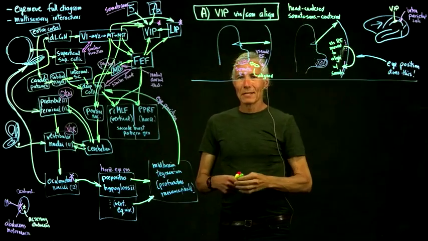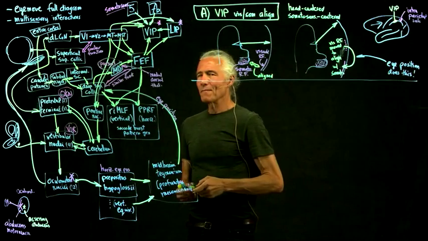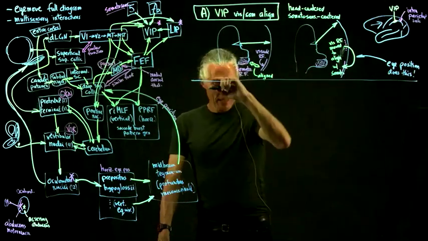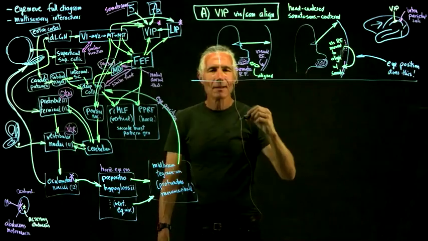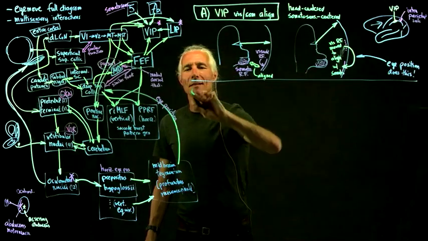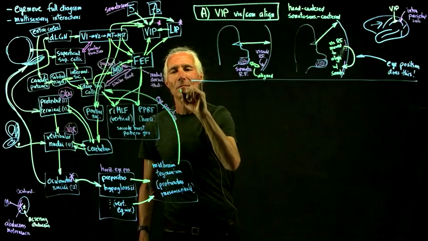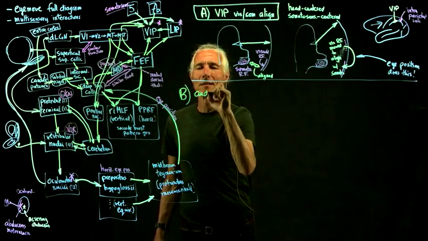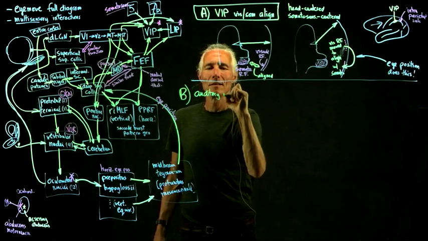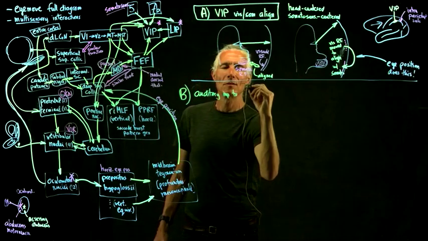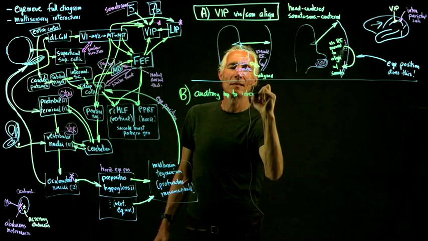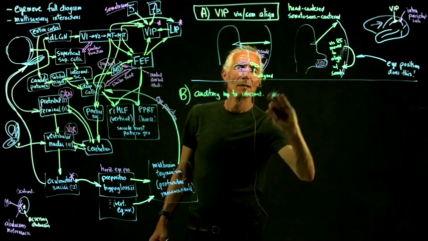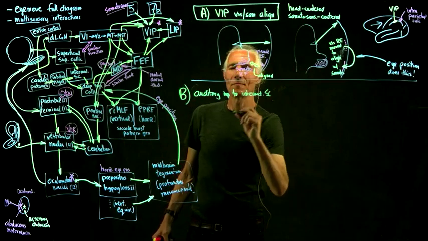So the second one, let's go down into the superior colliculus and look at B. Let's look at auditory inputs to the intermediate superior colliculus, intermediate SC.